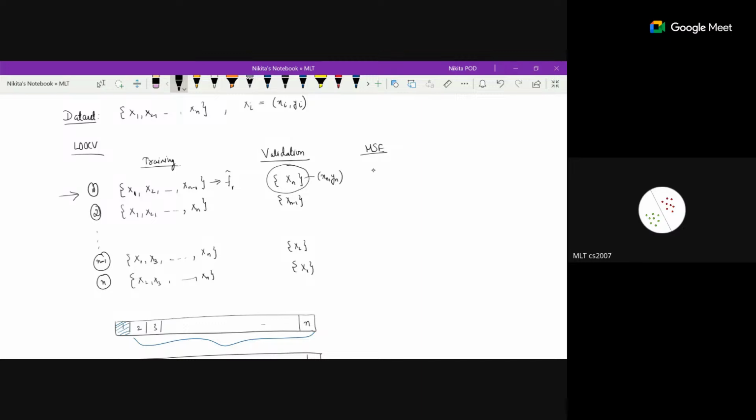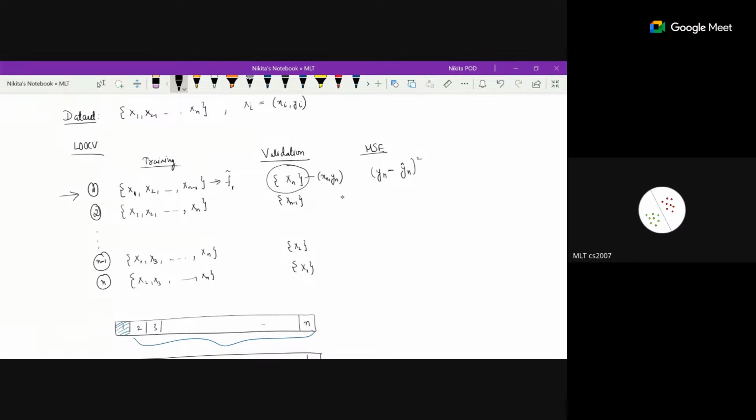So the mean square error would be just (yn minus y hat of n) square, where y hat of n is f1 hat of xn. Because it's a regression problem, this is what we do, right? We try to minimize the residual sum of squares.